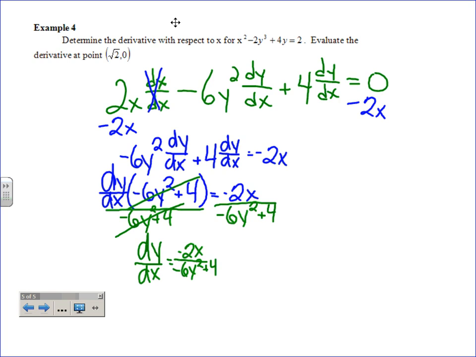The question that I just had is, should we simplify it? You can, but if you know ahead of time that you're going to be plugging in points or substituting in points, might as well just wait. It's completely up to you.